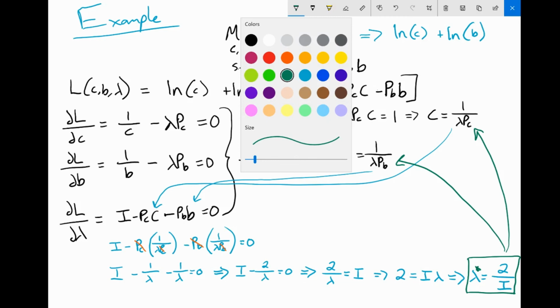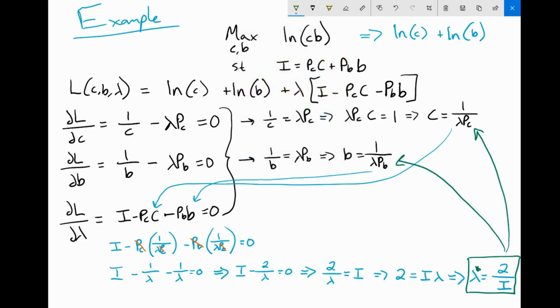All right, let's use this one. C equals 1 over, now let's plug lambda in, PC, plugging lambda in, 2 over I. What is that? Simplify, that's 1 over 2 PC divided by I, which will equal I divided by 2 PC.